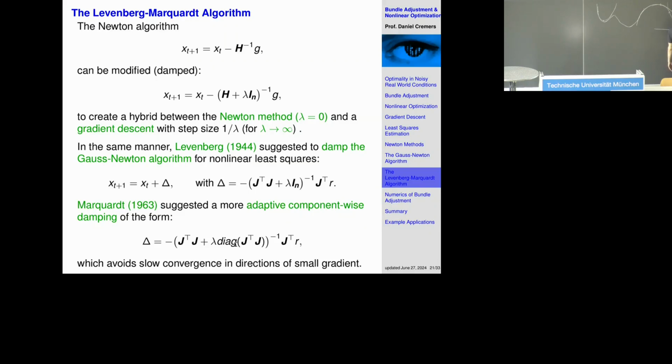You don't want to end up doing gradient descent, and you don't want to oscillate too much. You want to take larger steps in the flat directions and smaller steps in the more curved direction. And you can do that by having this weighted diagonal, where you weight it by the curvature in each direction.